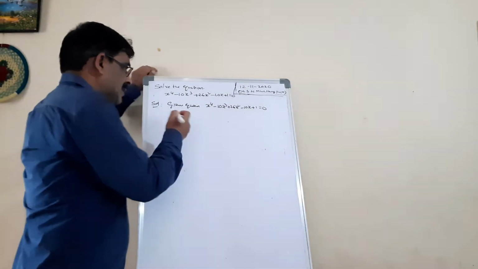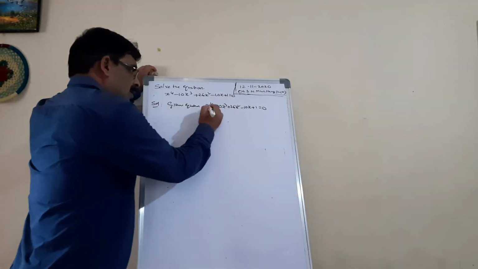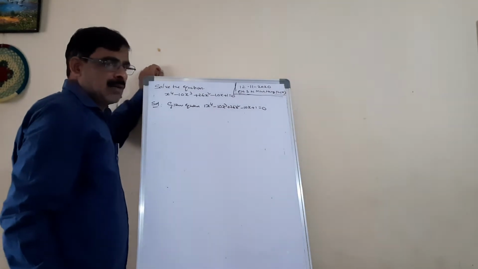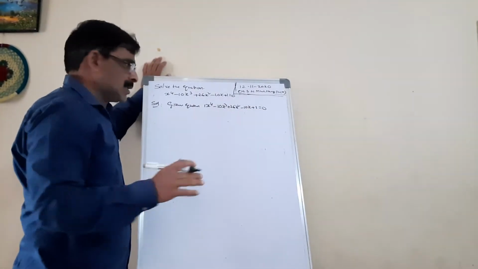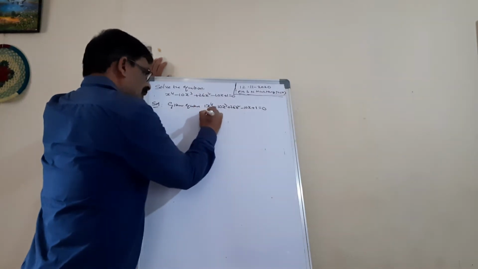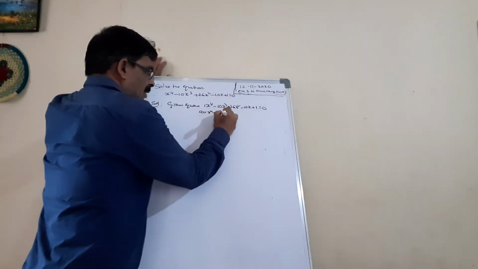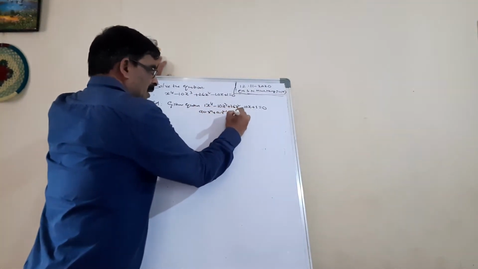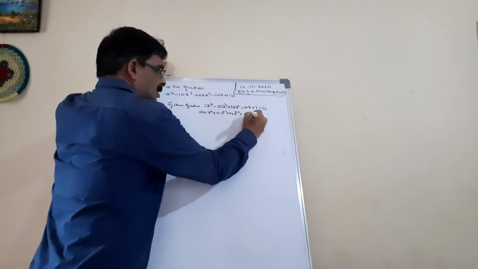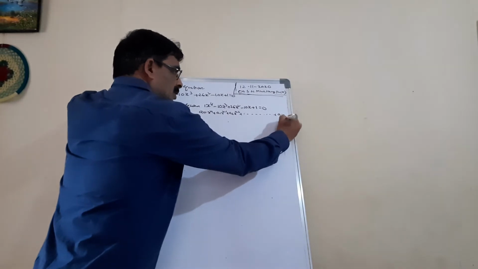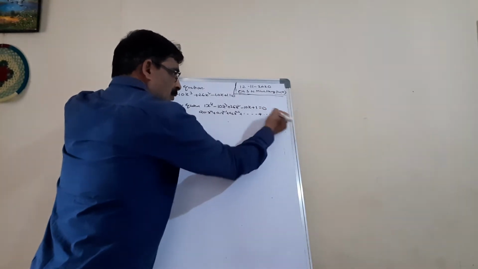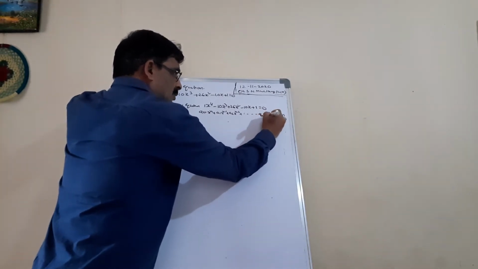The coefficient of x to the power of 4 is 1 and the last constant is also 1. Now compare with a0 x power n, a1 x power n minus 1, a2 x power n minus 2 and so on, an equal to 0.